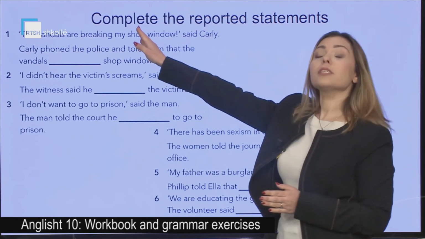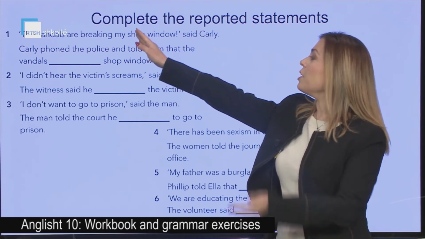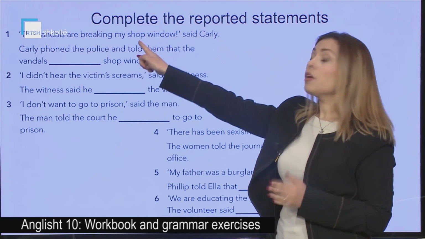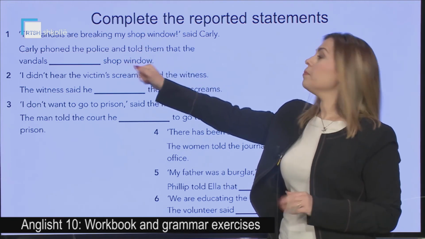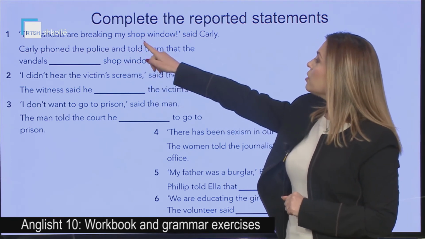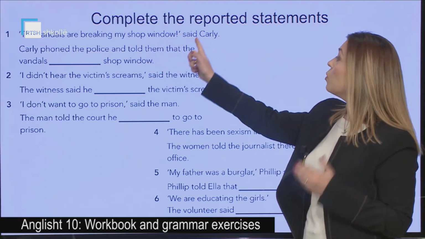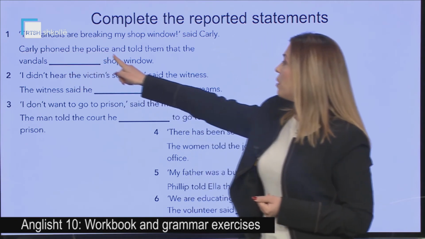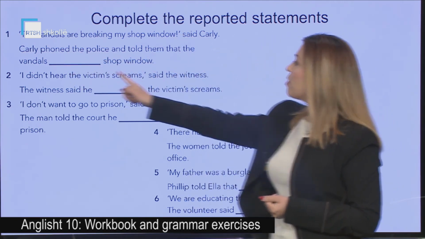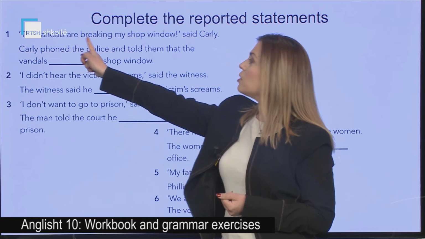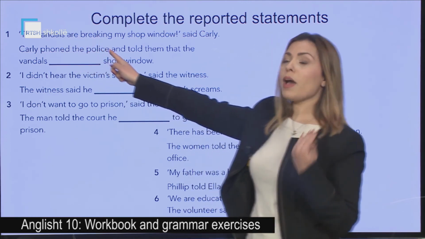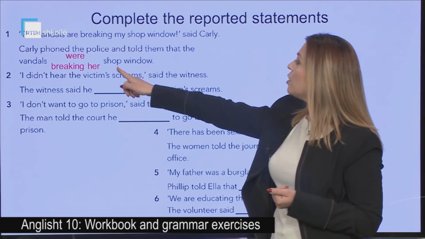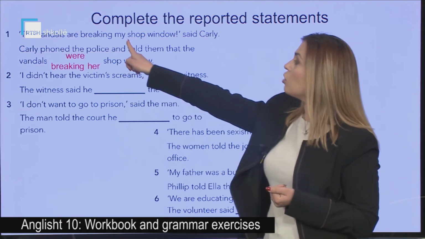We have got the first sentence. We have to rewrite the sentence so that these two have the same meaning. So, the vandals are breaking my shop window, said Carla. Carla phoned the police and told them that the vandals, present continuous, put it in the past continuous. So the vandals were breaking her shop window, not my.